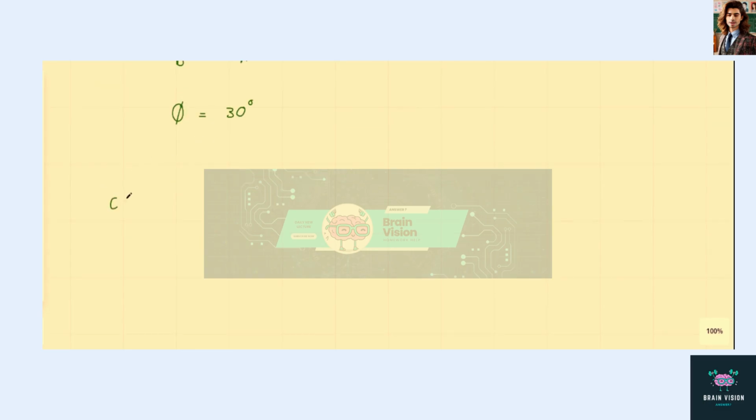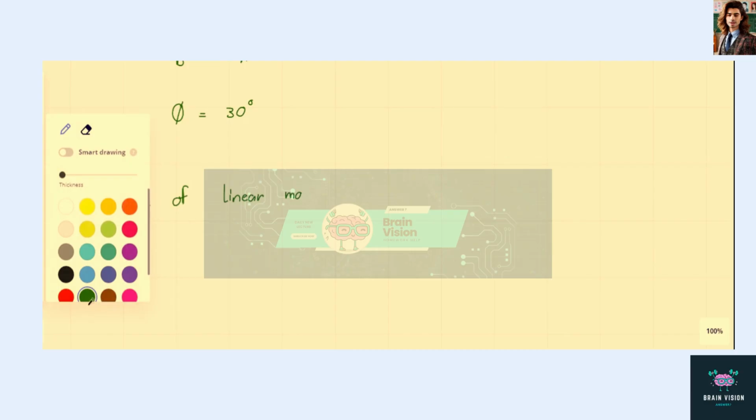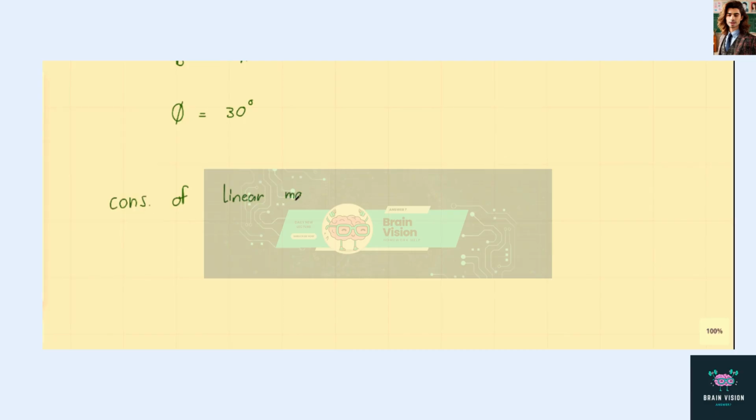Now we can go ahead and apply the conservation of linear momentum. There are no impulsive forces acting on the football along the x-axis, and so the linear momentum of the football is conserved along the x-axis.